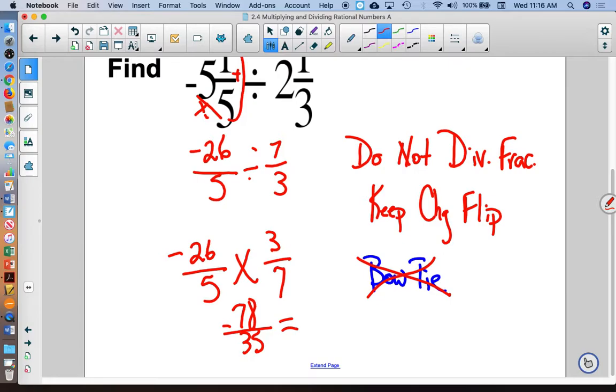No. Now I turn it back into a mixed number, right? How many times will 35 go into 78? Twice, because 35 times 2 is 70, am I correct? So then we would have 8/35 left over. Is that as far as I can go with it?